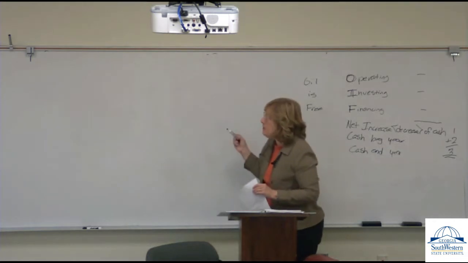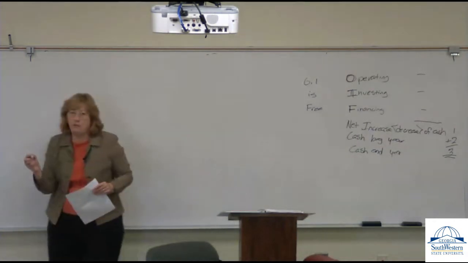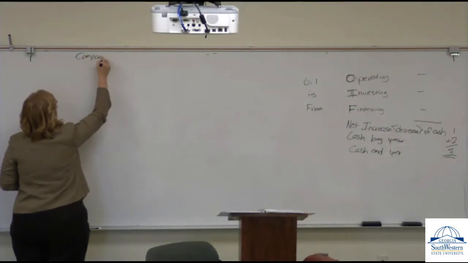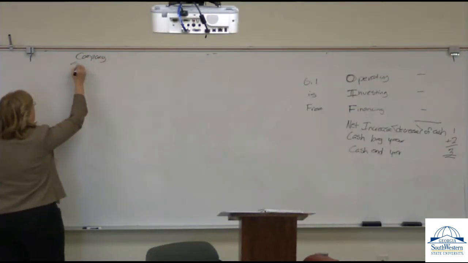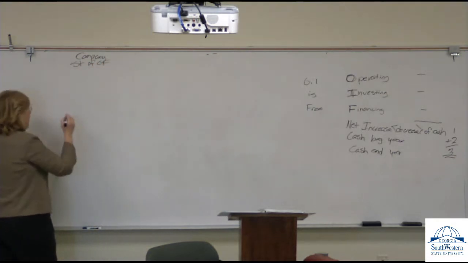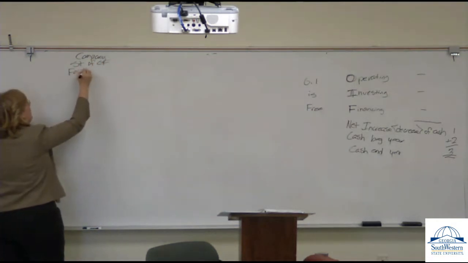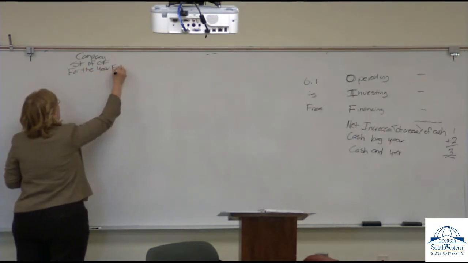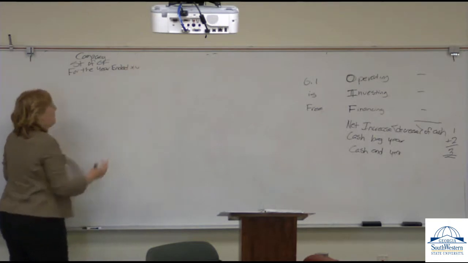All right, so the statement of cash flows starts out with a heading: the company name, and the name, the statement of cash flows, and then the date, for the year ended X, okay?